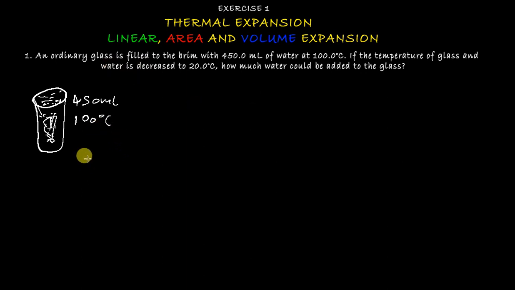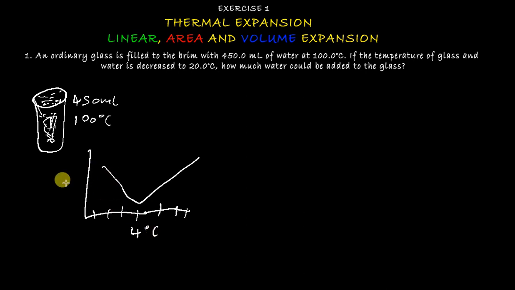Let me just write it quickly here. 1, 2, 3, 4. I'm going to discuss this tonight. You have something like this, then it goes up. So any temperature above 4 degrees Celsius increases the volume of water.